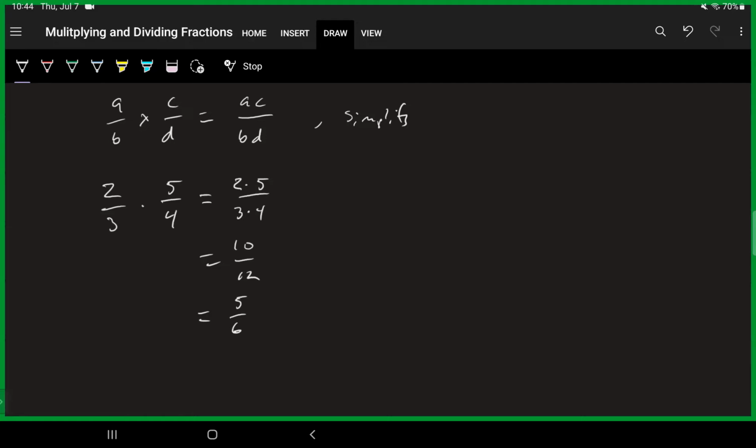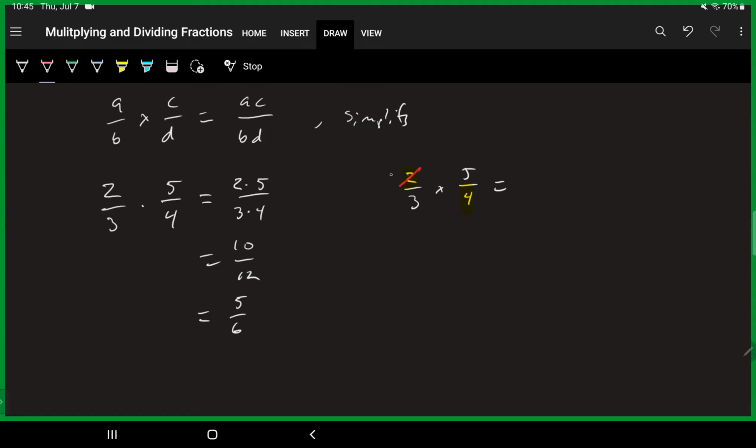Now I said we can simplify as we're going, so I'll do this example 2 different ways. 2/3 times 5/4. It's a reminder that you can use a dot or a cross for multiplication. Since the 2 is going to be divided by that 4 eventually, I can simplify them now. They have a common factor of 2. So let me grab my red pen here.